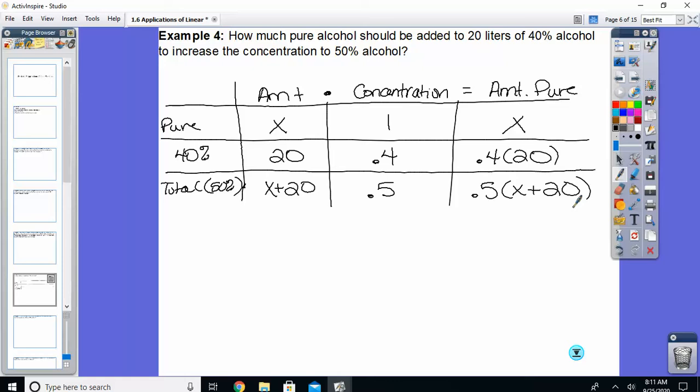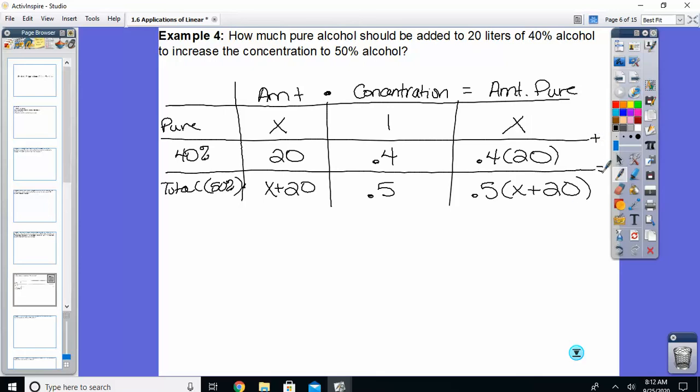Okay. The nice thing about these, the equation kind of writes itself from here. We have the amount pure, so that's the amount from the first one, the amount from the second one, and the amount in the total. So if you add the 2 you put in, you should get the one in your total.